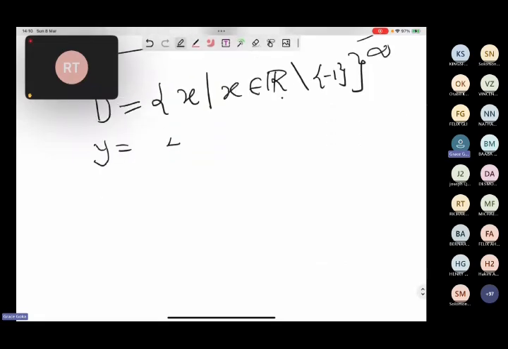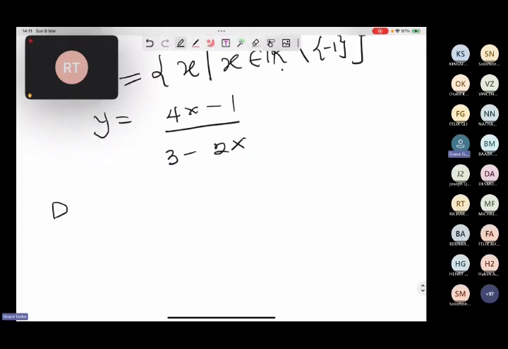y is equal to 4x minus 1 divided by maybe 3 minus 2x. To find the domain, we look at the numerator, it is linear. We look at the denominator, it is also linear. Therefore, the domain D would have been x such that, and I need to also mention that sometimes you can also use the colon.